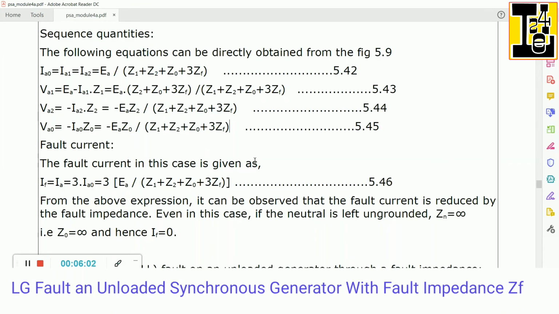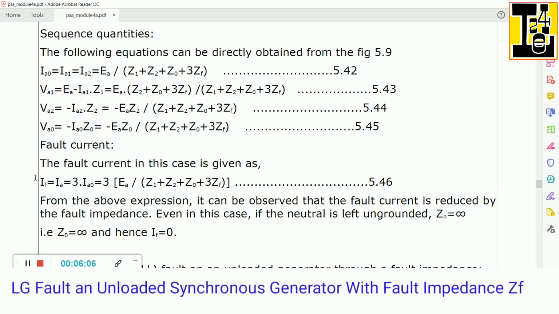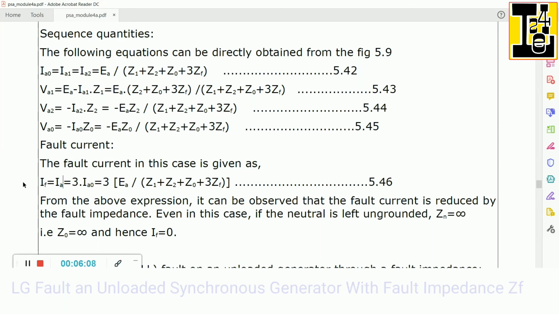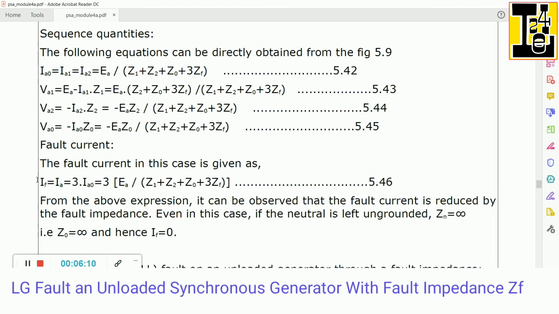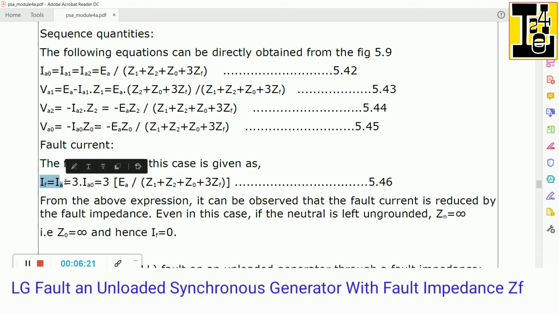Let us find the expression for the fault current. As the LG fault is taking place at phase A, the fault current is going to the ground, that is IA. IF equals IA.